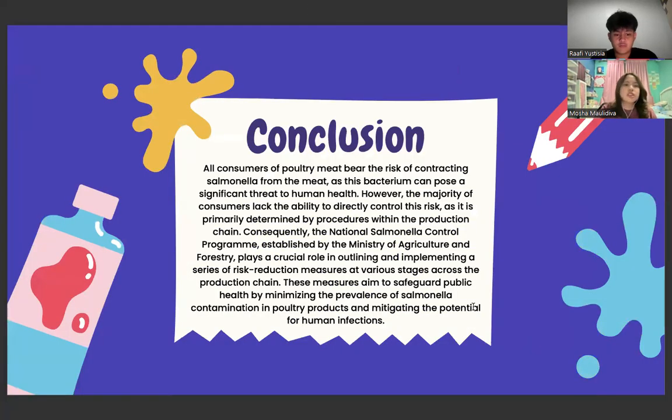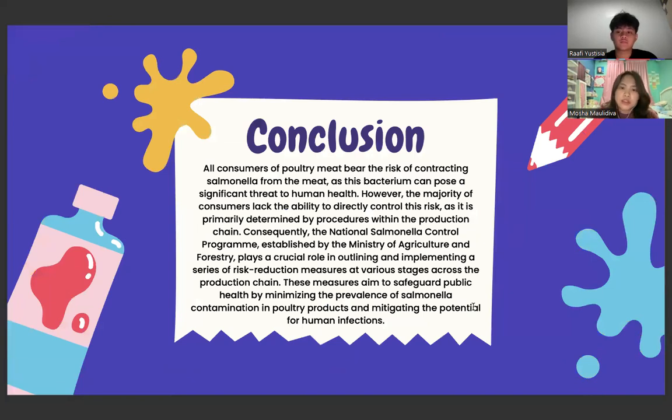So the conclusion is all consumers of poultry meat bear the risk of contracting Salmonella from the meat, as the bacterium can pose a significant threat to human health. However, the majority of consumers lack the ability to directly control this risk, as it is primarily determined by producers within the production chain.